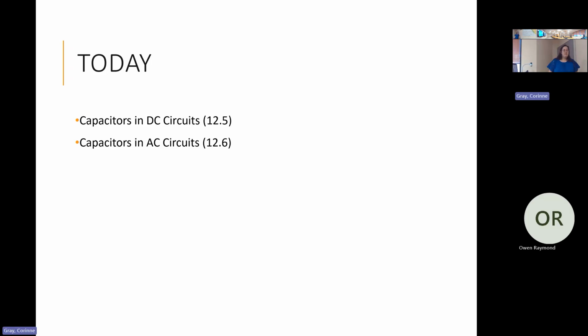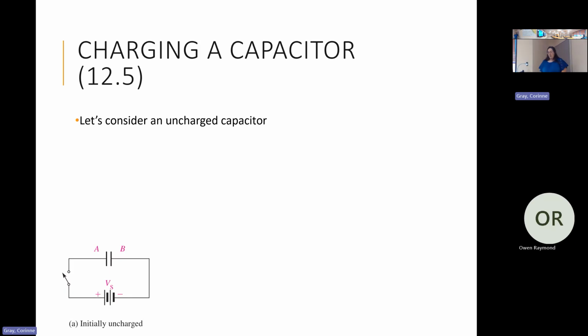So today we're going to talk about them in DC and then AC circuits. Let's look at an uncharged parallel plate capacitor. Here we have our battery, which has some voltage value, and right now the switch is open. Because the switch is open, no current is going to be allowed to flow.